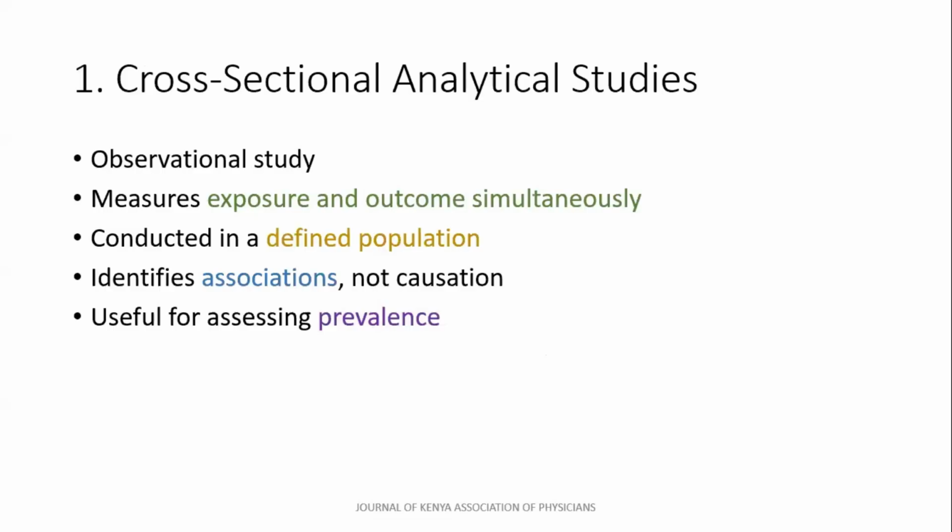They measure the exposure and outcome at the same time, and they're usually conducted in a defined population, which is usually a general sample, not just those at risk. And then they also help identify associations, not really causation. And they're useful for assessing prevalence of disease within certain populations.